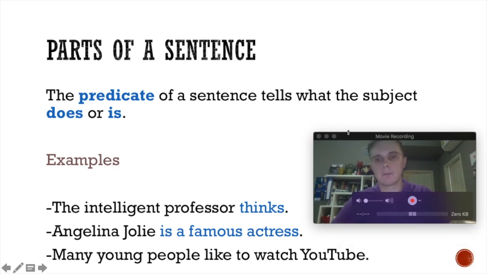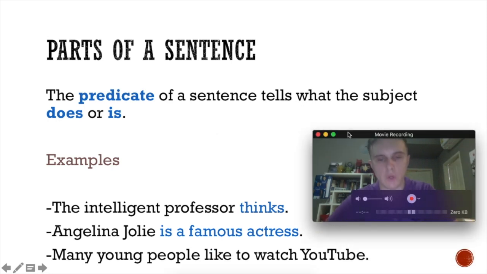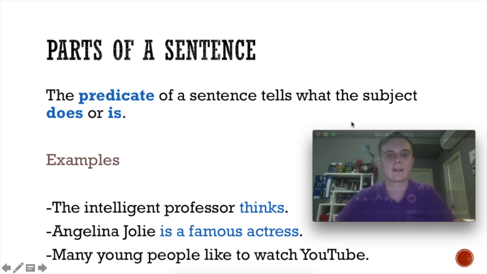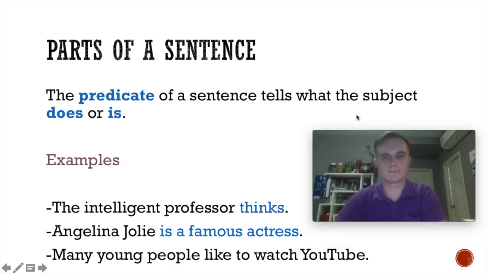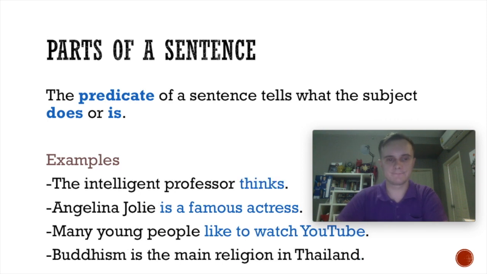Okay, next one. Many young people like to watch YouTube. So what is the predicate in that sentence? We say like to watch YouTube. Last one. Buddhism is the main religion in Thailand. What is the predicate of that sentence?